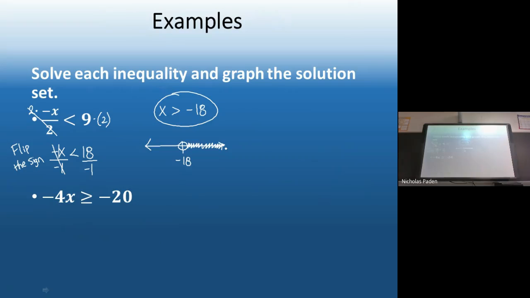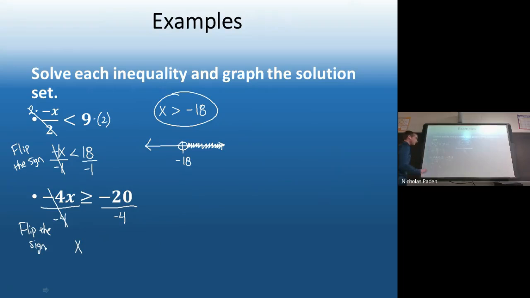Okay, so looking at our last one here, -4x is greater than or equal to -20. Well, I want to get rid of this -4. This is -4 times x. So to get rid of the -4 times x, I'm going to divide both sides by -4. So the -4's cancel out. Since I divided by a -4, make sure that you flip that sign.